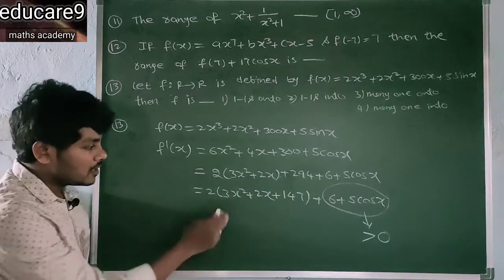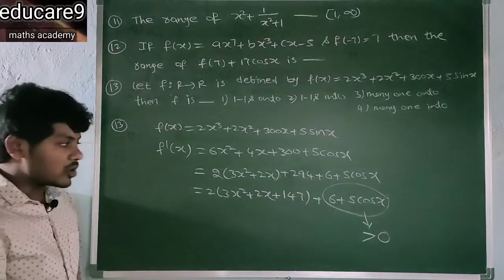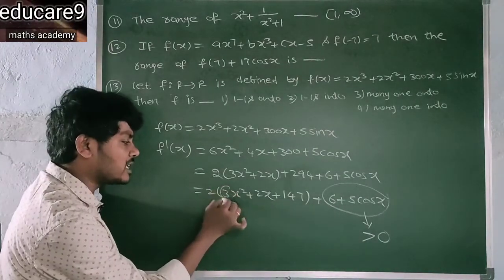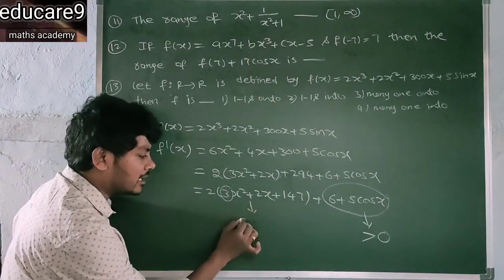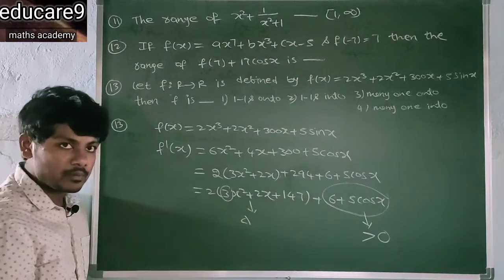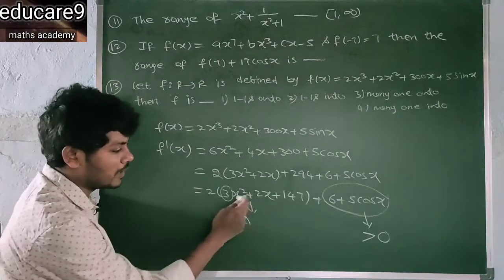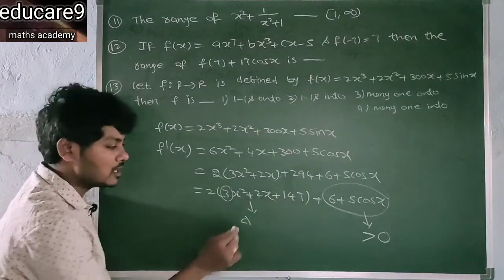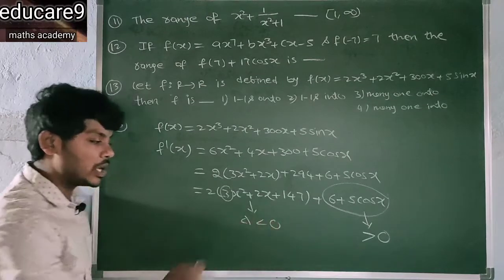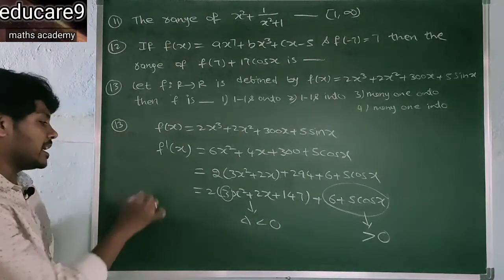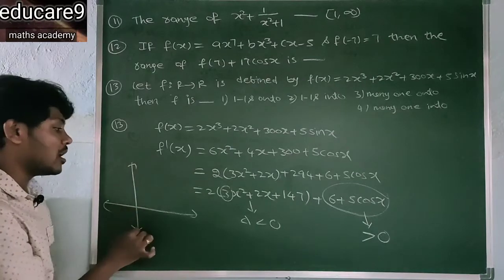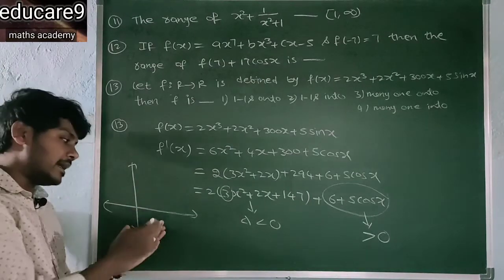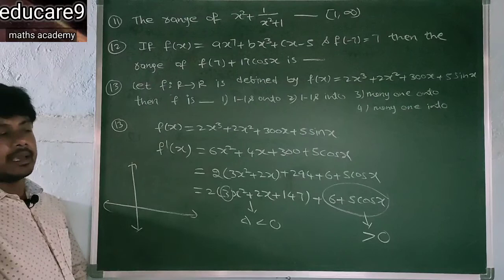Now clearly the coefficient of x square is positive. And find here delta. So what is delta? B square minus 4ac. 4 minus 4 into 3 into this one. So clearly it is less than 0. So in this case, the graph represents an upward parabola and does not touch the x-axis.